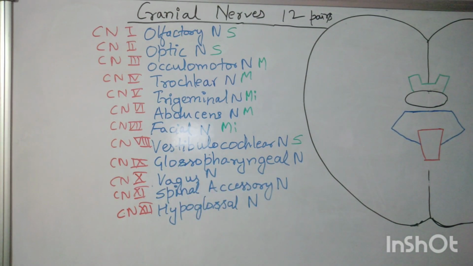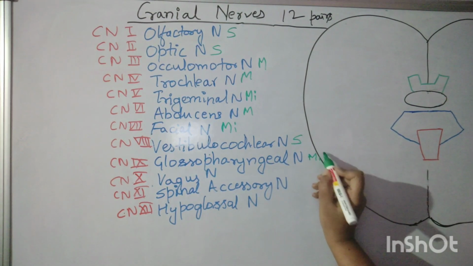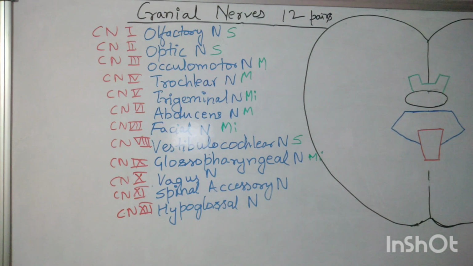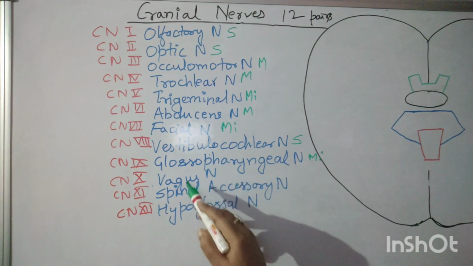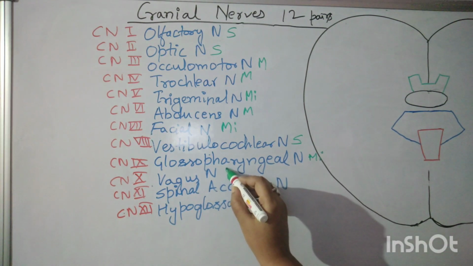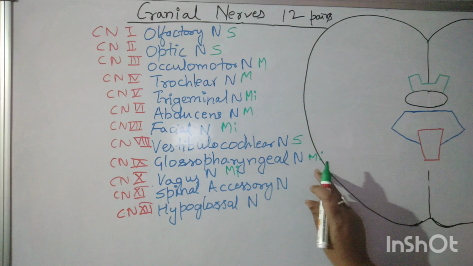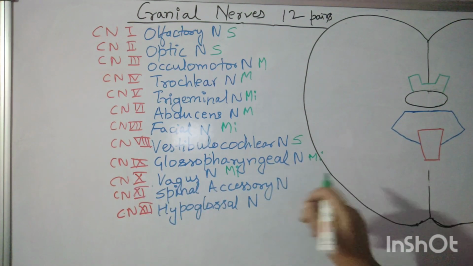So here it will be mixed. Now the vagus nerve is the longest nerve. If anybody asks you which is the longest nerve, then the vagus nerve is the longest nerve. The vagus nerve is also mixed. So remember, 9 and 10 are mixed nerves.